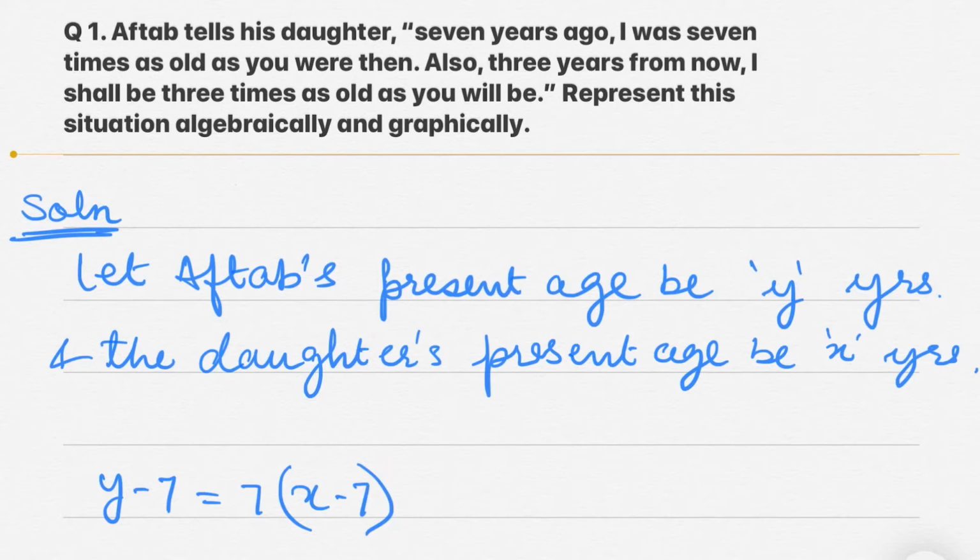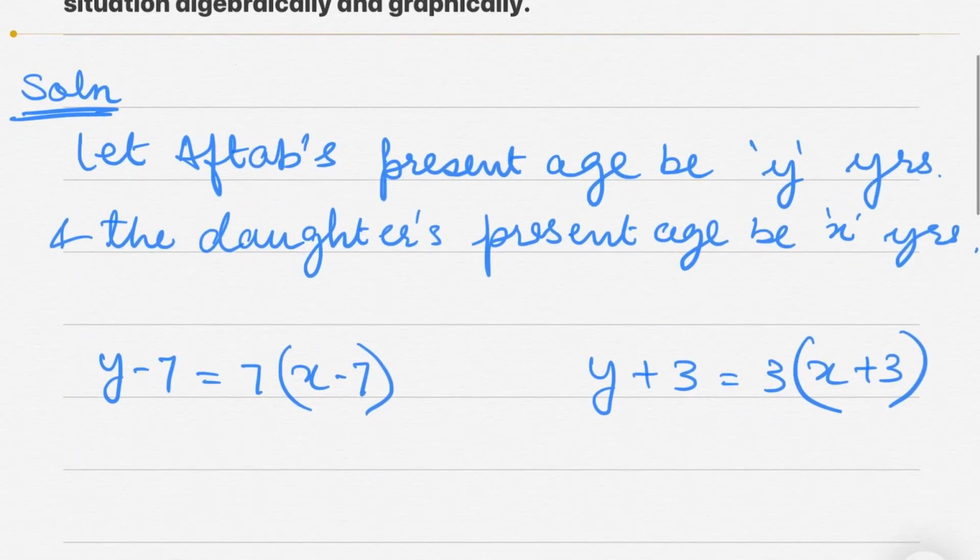And secondly, he says, I shall be 3 times as old as you will be. So after 3 years, both of their ages will have 3 years added, and he will be 3 times as old as his daughter. So we have got these two situations.